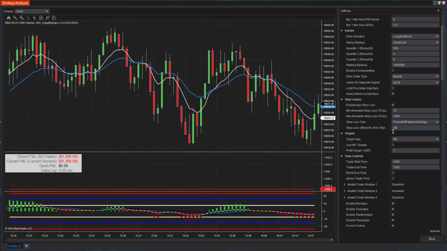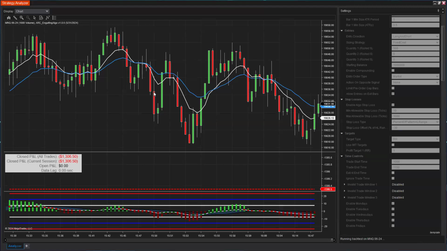Let's go negative 30 and see what that looks like. I haven't gone into the optimization yet because I'm just trying to figure out what chart I want to be on and what I looked at.